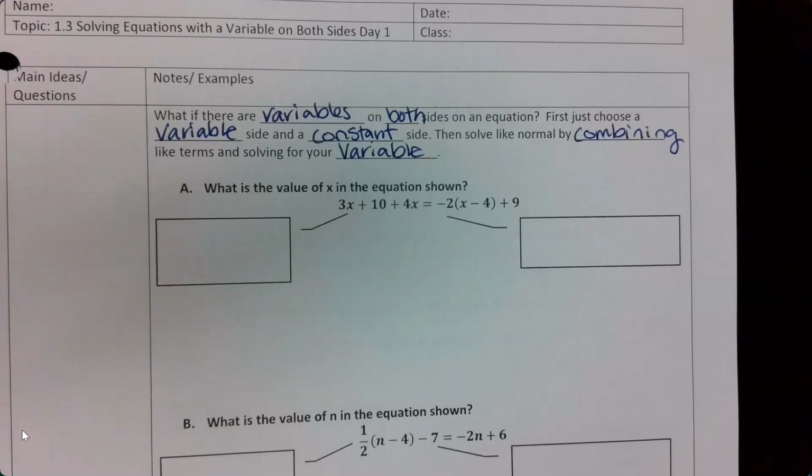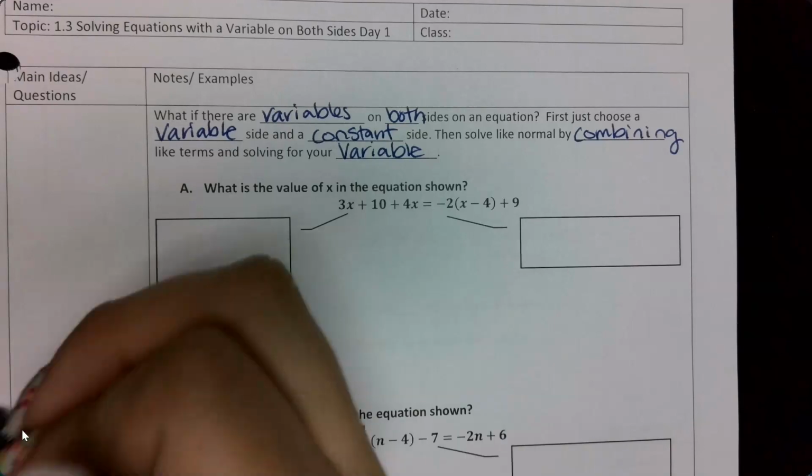So taking a look at this first equation, what's the first thing you want me to do? This looks like a huge mess right now. Okay, so I can put the 3x and 4x together by combining like terms.